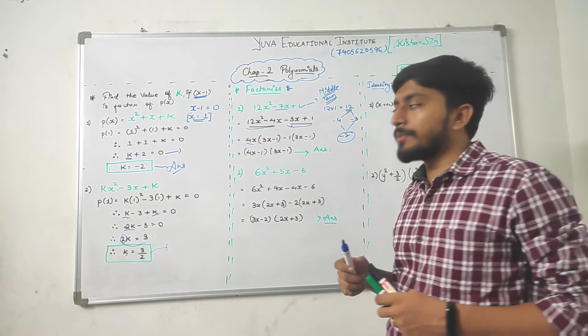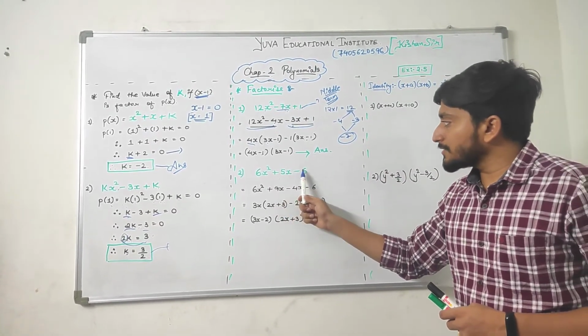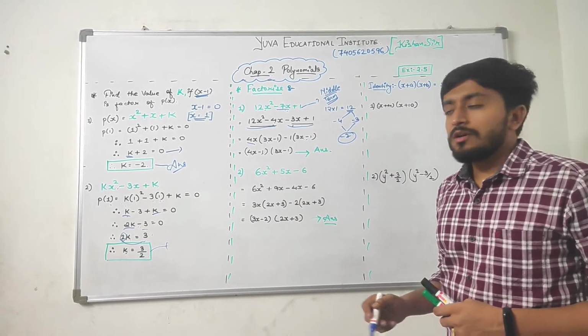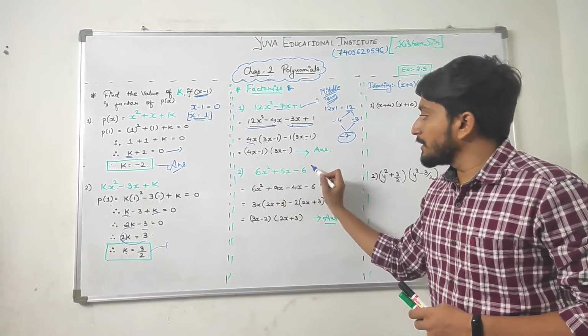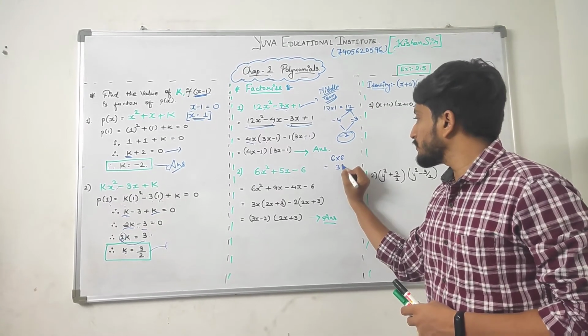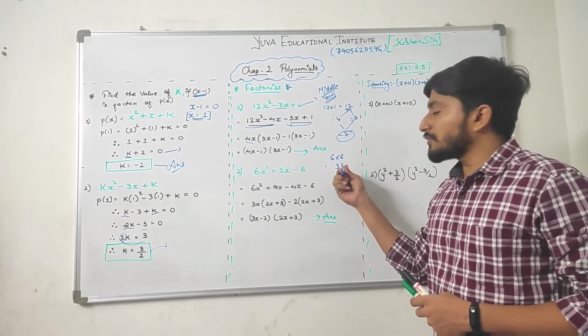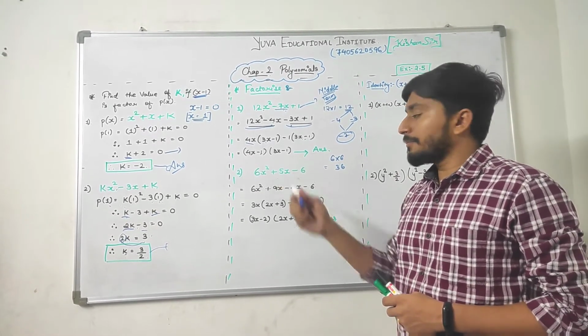Let's take another example of the middle term splitting method: 6x square plus 5x minus 6. Now what is the rule? First of all, first term into last term, that is 6 into 6, you will get 36. Now think of such factors of 36 that will give you the middle term.